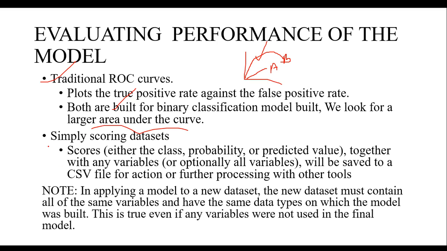Now let's look at the fourth method, which is of course simply scoring the data set. So we score either the class, so the model will either classify it, give a probability, or give a predicted value. So class probability, classification probability, or predictive value, together with any variable, will be saved in a CSV, and of course I mentioned to you, you can also save it in XML or zip.